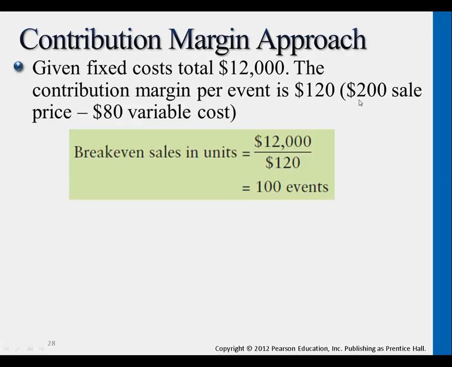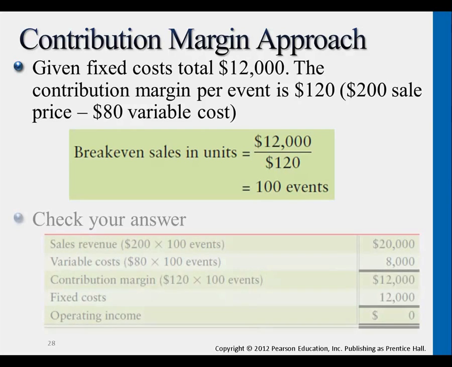Just to remind you, we said that the sale price is $200 and our variable cost is $80. So we subtract those two and we get the contribution margin per event. So how do we calculate the break-even sales units? 12,000 divided by 120, and here we find that to break even we need to book at least 100 events.